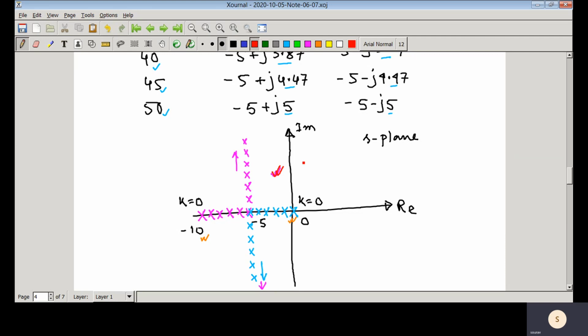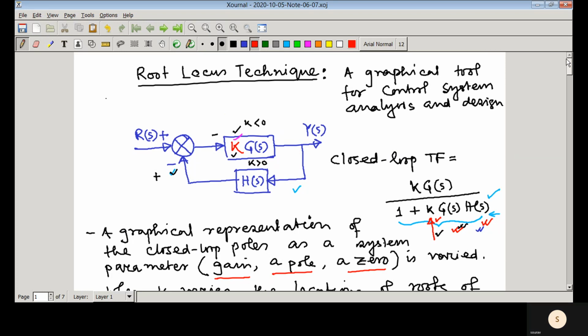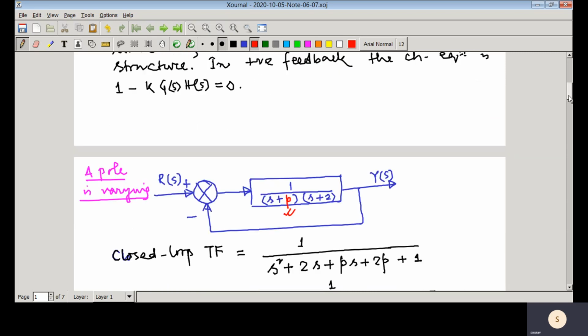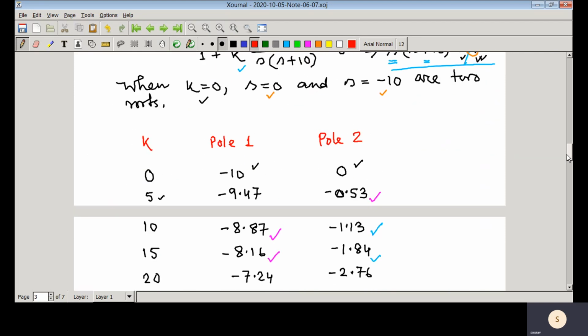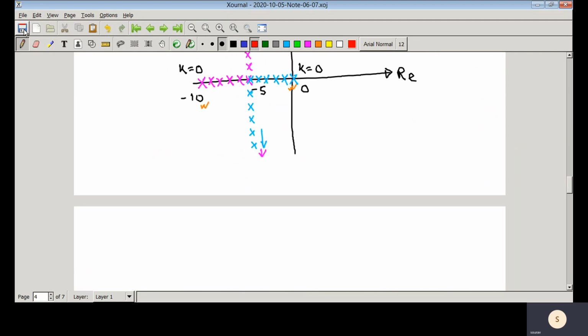So this is actually the root locus. Root locus is the graphical technique, the graphical representation of the closed loop poles as the system parameter is varied. So here you can see that when the system parameter k is varying, this is the graphical representation.